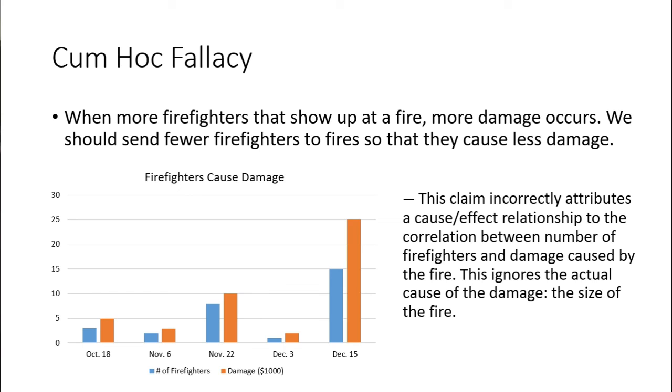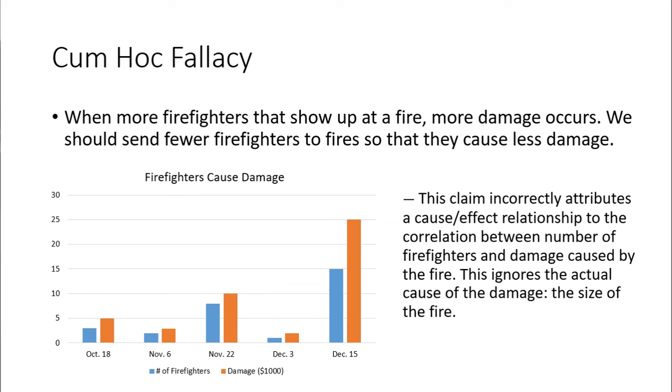So, in this scenario, we're incorrectly claiming that there's a cause and effect relationship between the number of firefighters and the amount of damage that a fire causes. The actual cause of the amount of damage in a fire is the size of the fire itself. And the number of firefighters that appear is determined by the size of the fire as well.